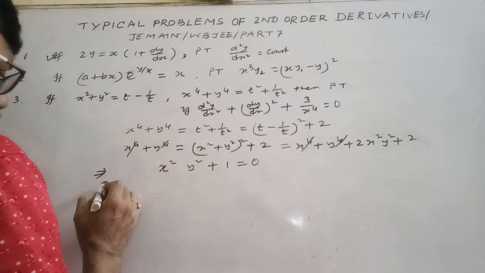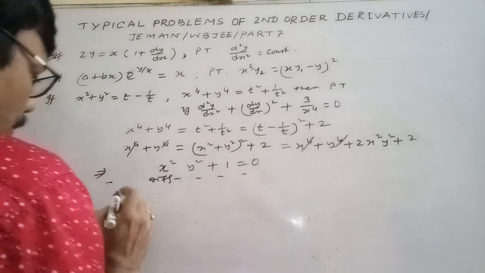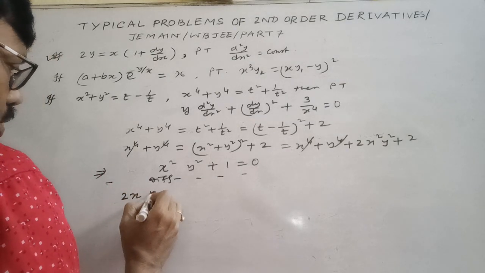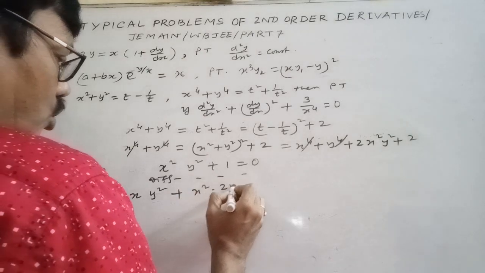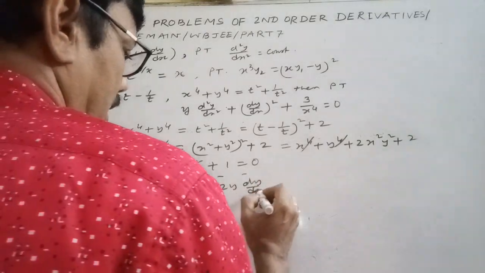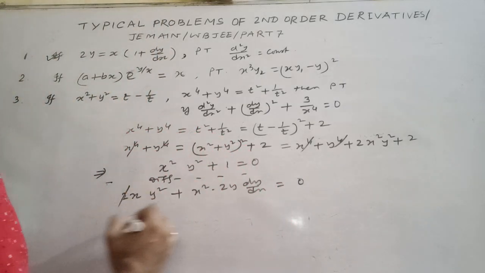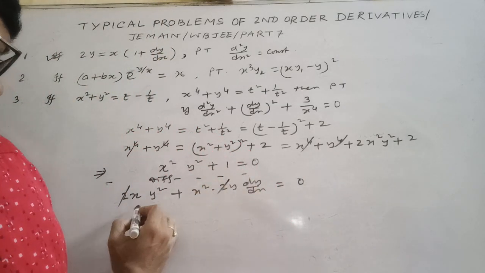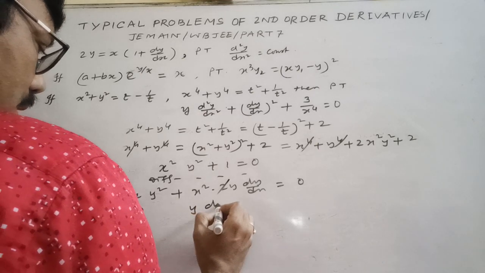Now differentiating both sides: 2x into y² plus x² into 2y dy/dx equals 0. So 2 cancels out.